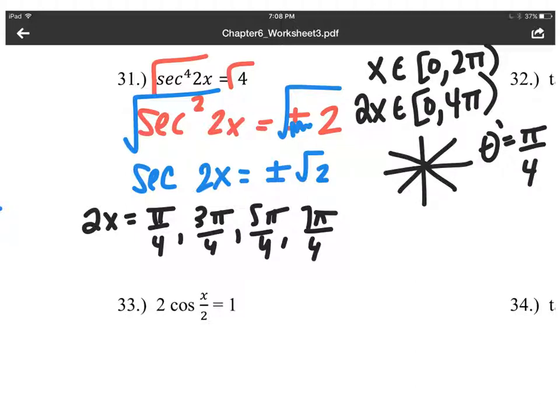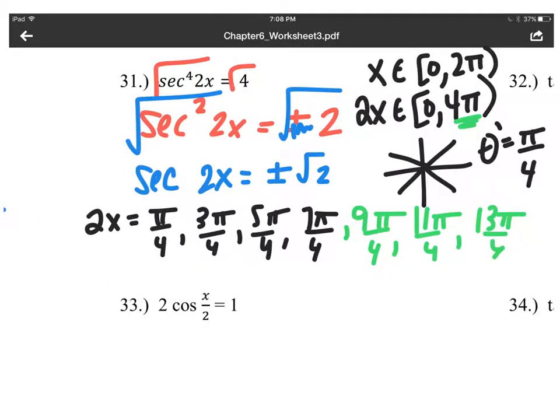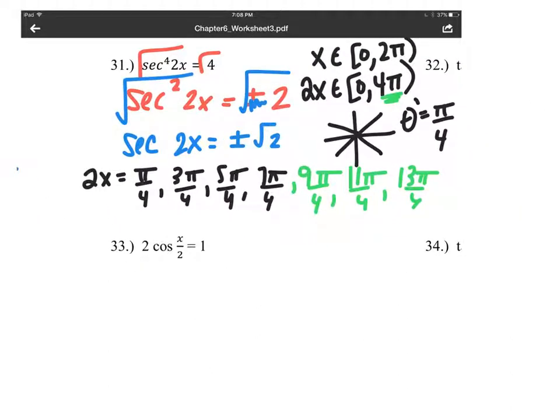Now because my interval goes to 4 pi, I have to go around the circle again. So to go around the circle again, I'm going to add the equivalent of 2 pi to each of those answers. So I'm adding 8 fourths to each of them, giving me 9 pi fourths, 11 pi fourths, 13 pi fourths, and then lastly 15 pi fourths. And those are all the answers that are equal to 2x.